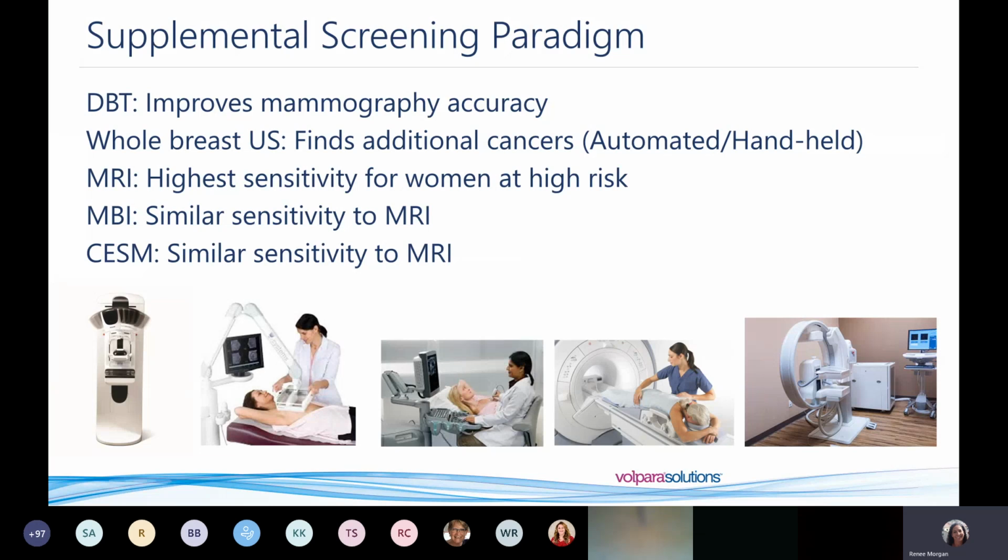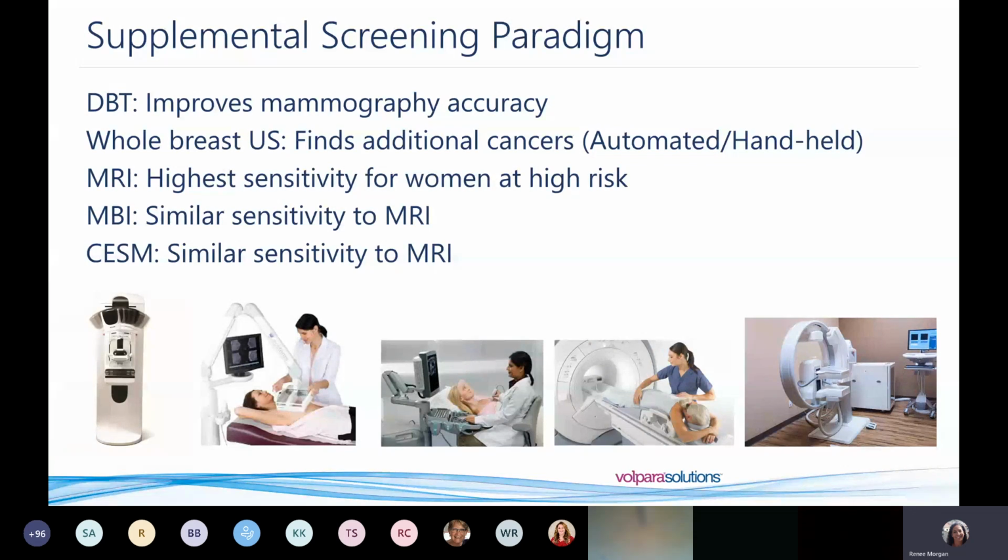We're talking about the screening paradigm, so to speak, the supplemental screening paradigm. DBT is being widely adopted and very common in centers now, and this has improved mammographic accuracy, so that's wonderful. Whole breast ultrasound, whether it's automated or handheld, finds additional cancer, so should be available to women with dense breasts.